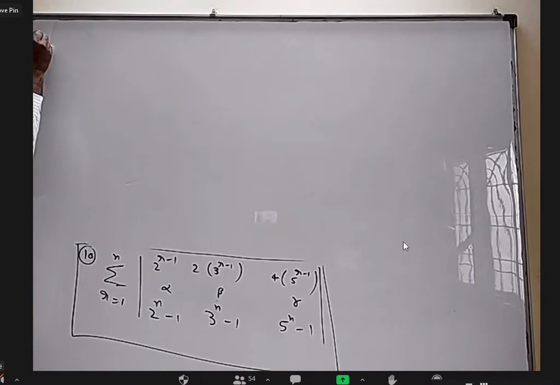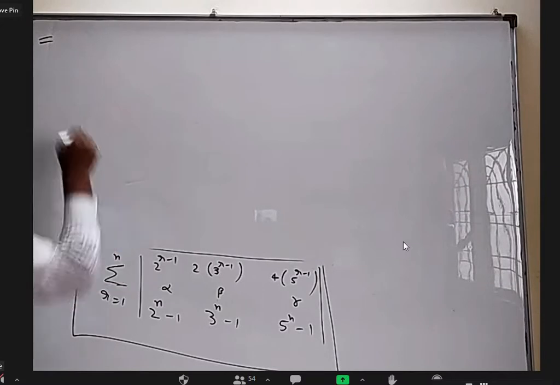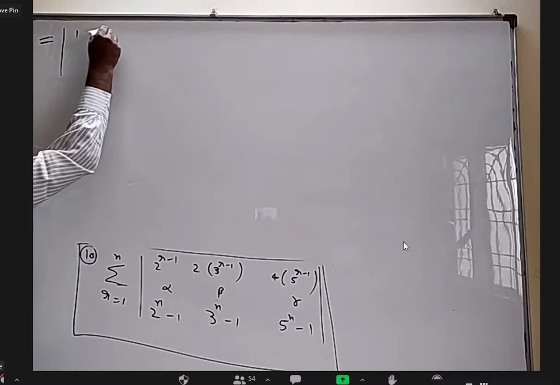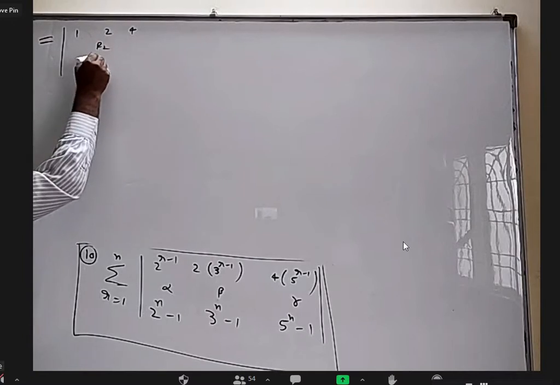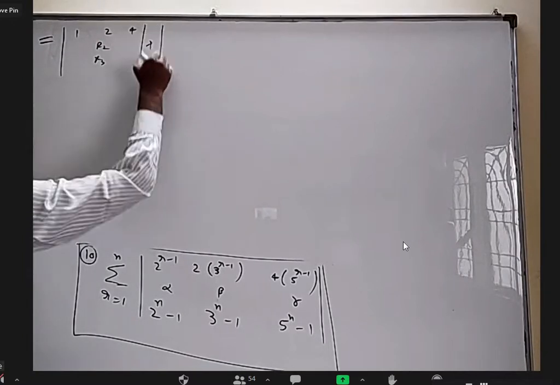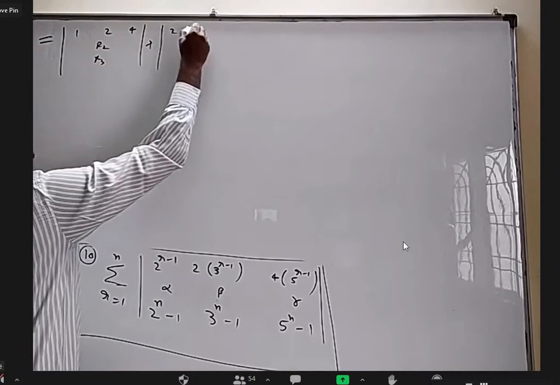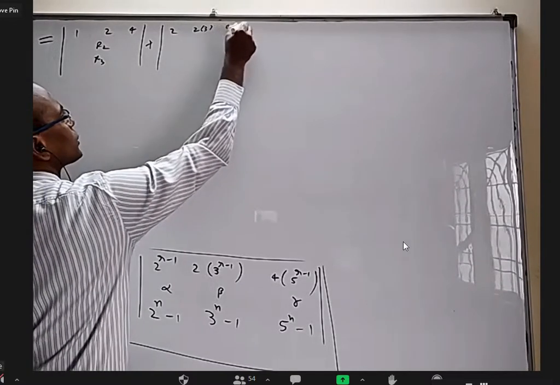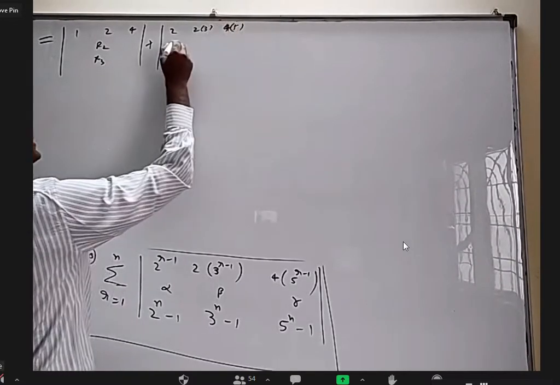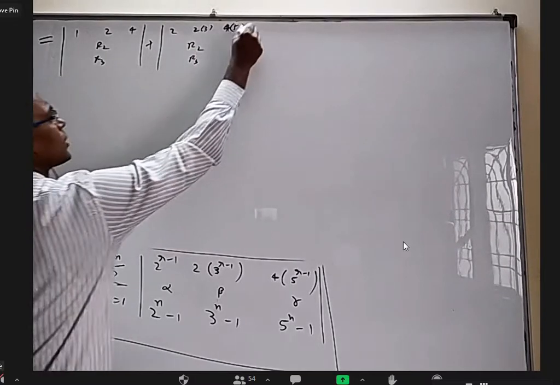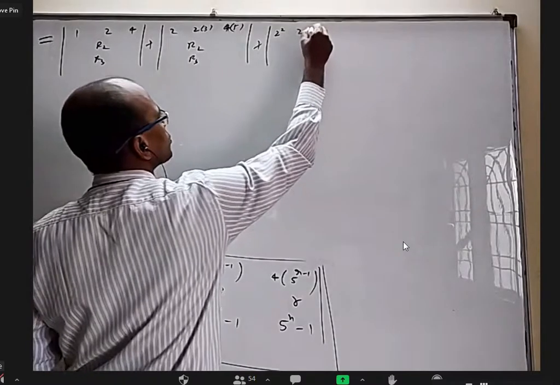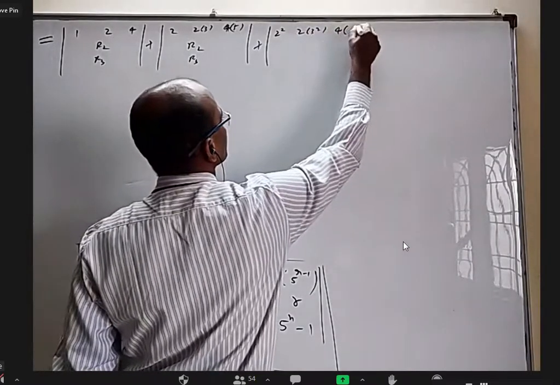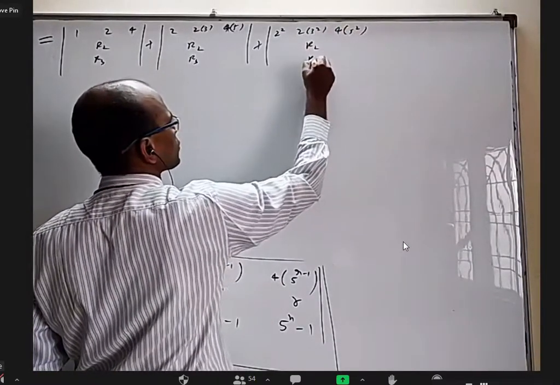Okay, so 10th question continuing. First it will be 1, 2, 4, then same second row, same third row. Next, 2, 2 into 3, 4 into 5. Next, 2 square, 2 into 3 square, 4 into 5 square.